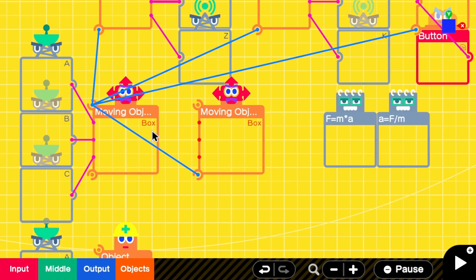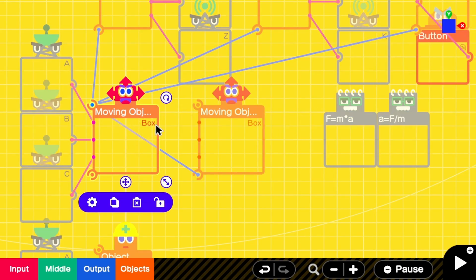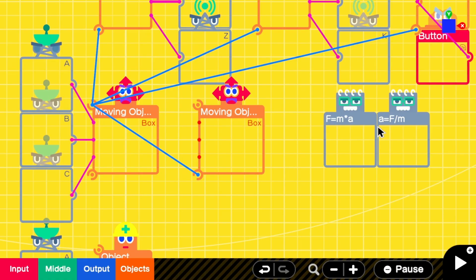So when we apply an input of 1 to this moving object, the game applies a force of m on this moving box to make it accelerate at 1 meter per second.